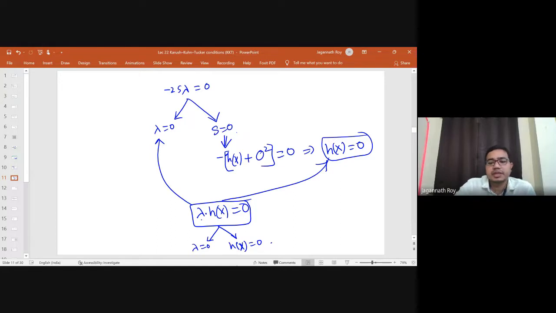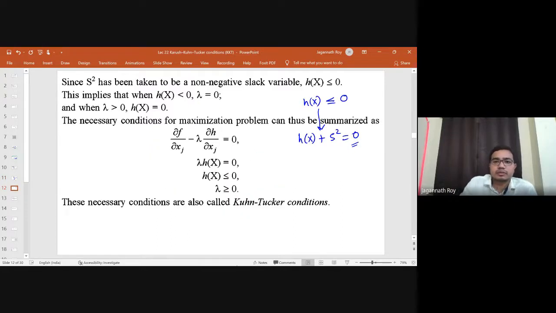So if lambda is 0, this is what happens, because s square is non-negative, a square term is always non-negative. So if this is the case, then hx is non-zero. So if hx is not equal to 0, being less than or equal to 0, it is strictly less than 0.